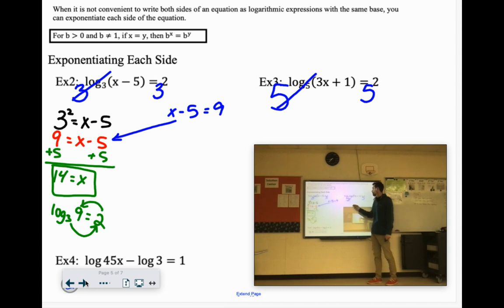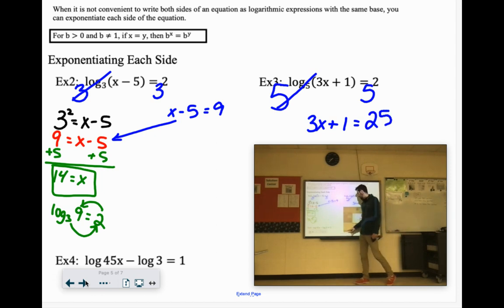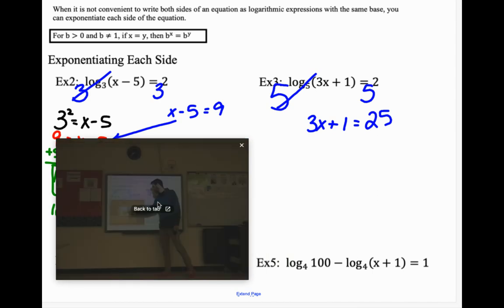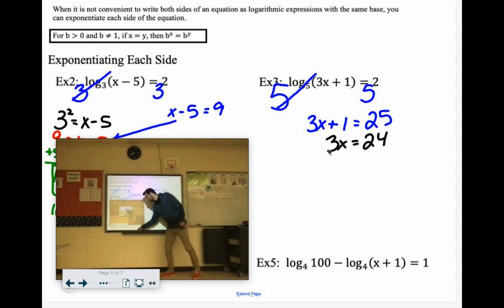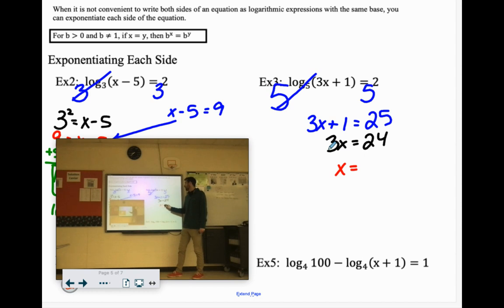These all cancel, so we're left with just 3x plus 1 equals 5 to the second power, which is 25. We'll subtract the 1. 3x equals 24. We'll divide by 3, and x equals 8.